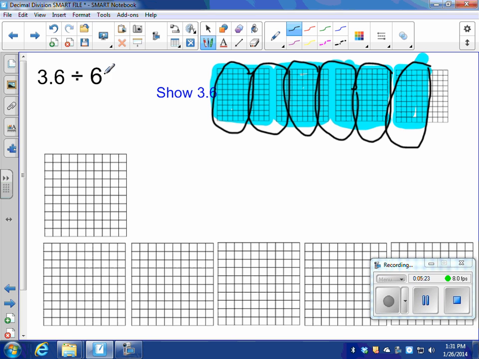So I have a total of 6 tenths in each one of my groups. So 3 and 6 tenths divided by 6 is equal to 6 tenths.